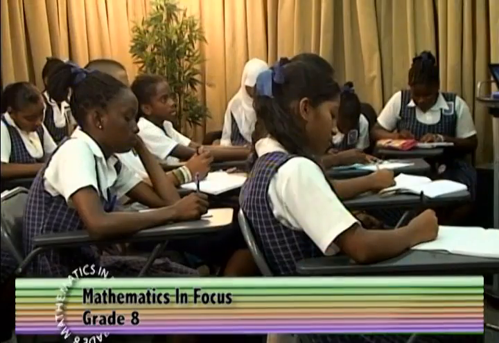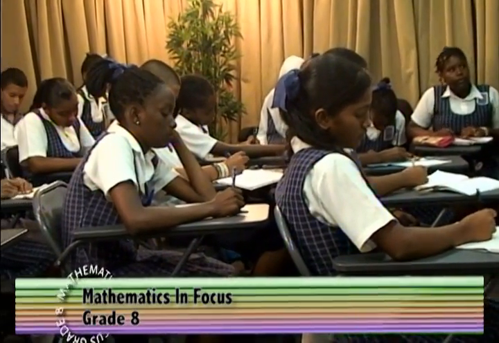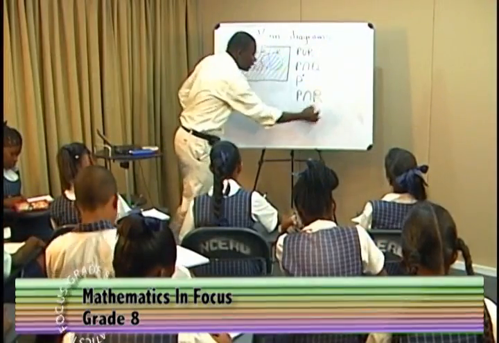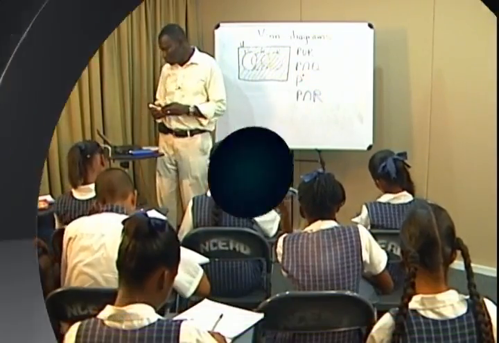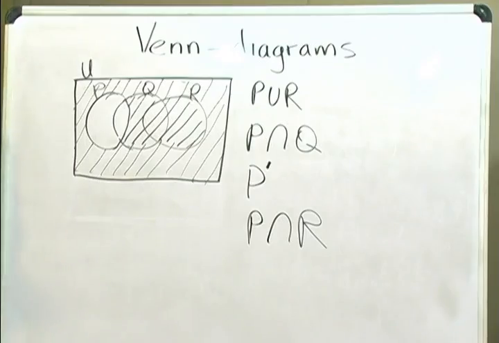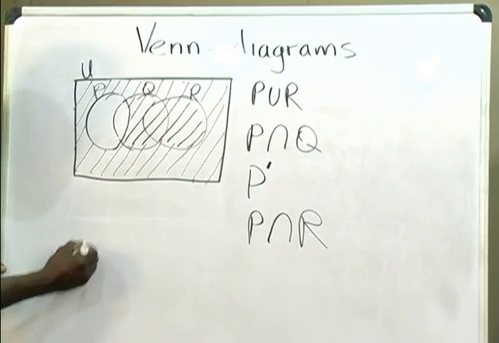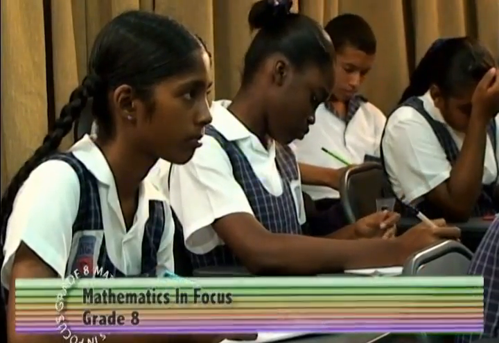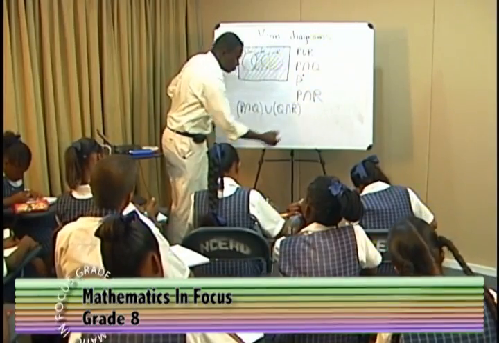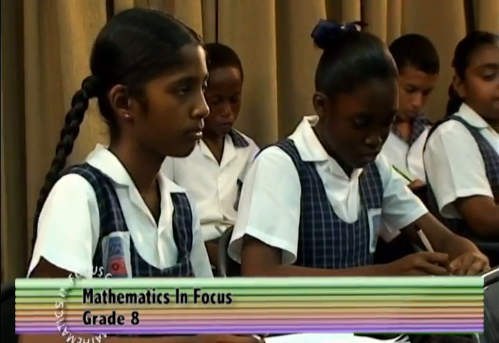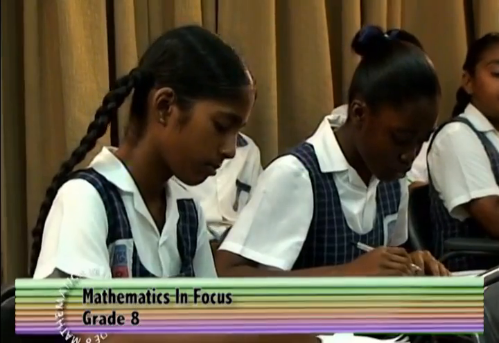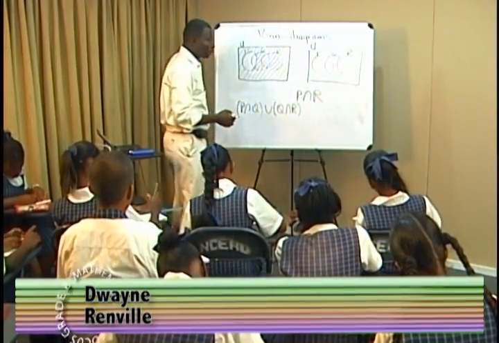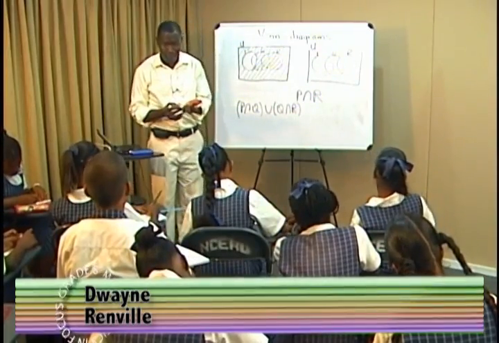All right. P intersect R, you will shade. That one should take you 1 second to shade. Are you finished with P intersect R? Let me draw the diagram across here. Where do we shade there?